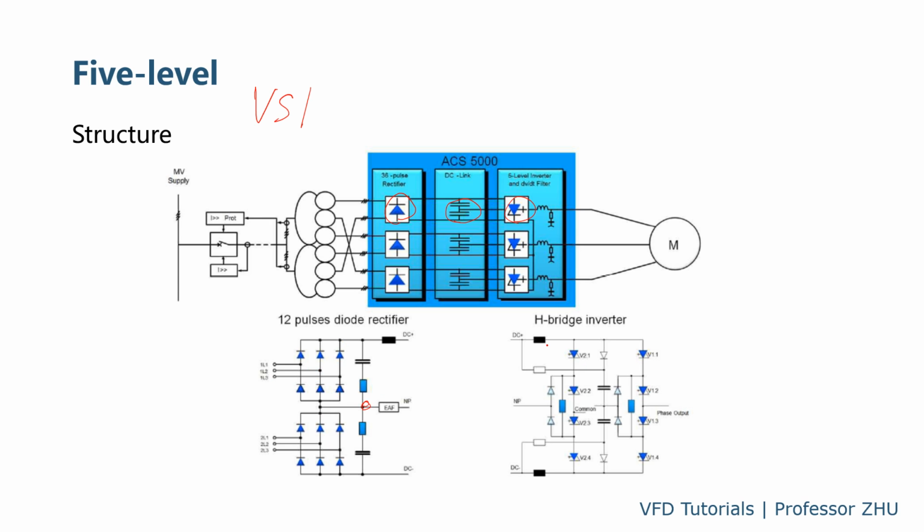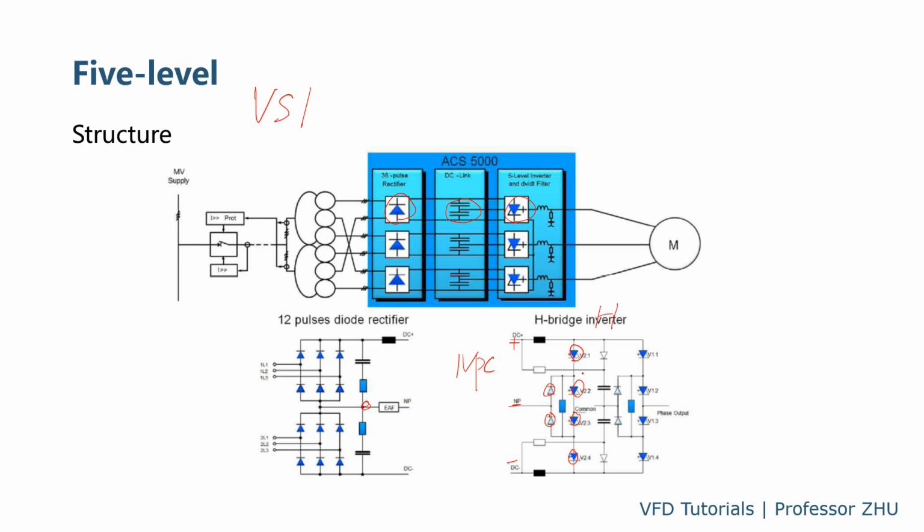And each cell is actually an NPC topology with the H bridge. That means we have 2 phases. And in each phase, you see 4 components, 2 clamp diodes, and the neutral point, plus positive and negative bus.